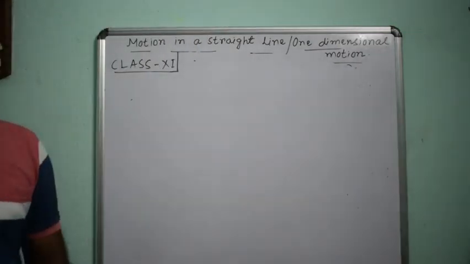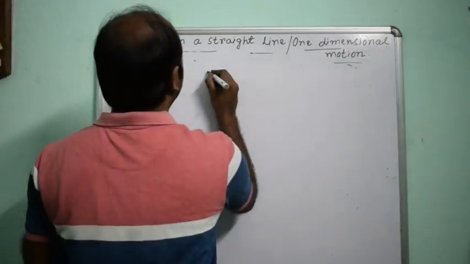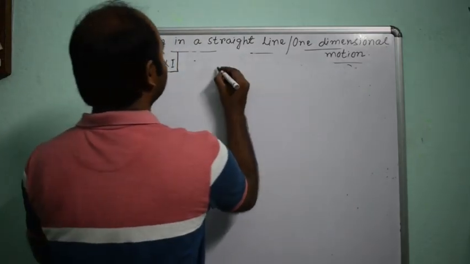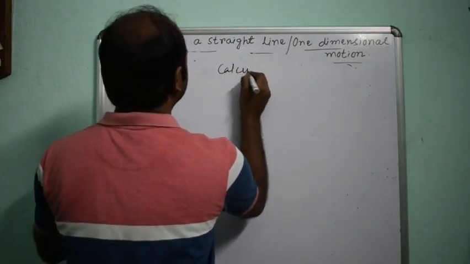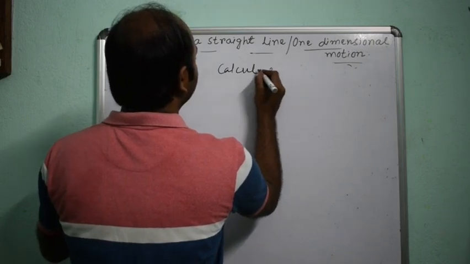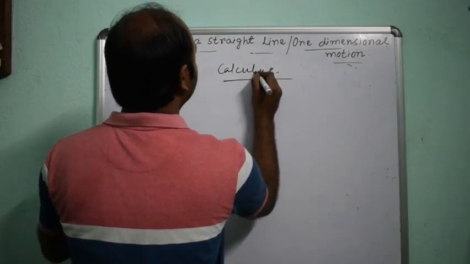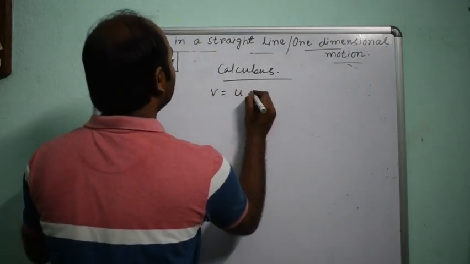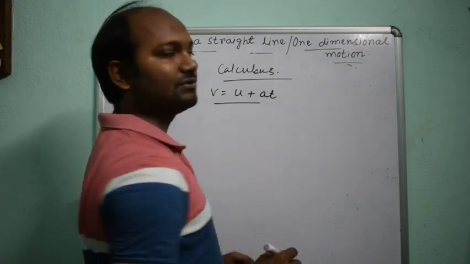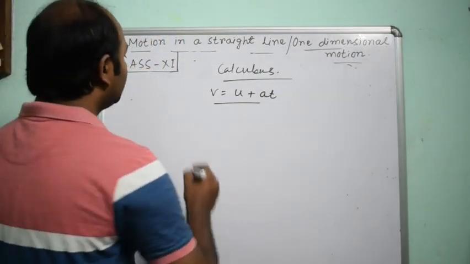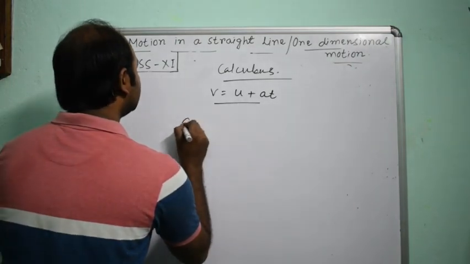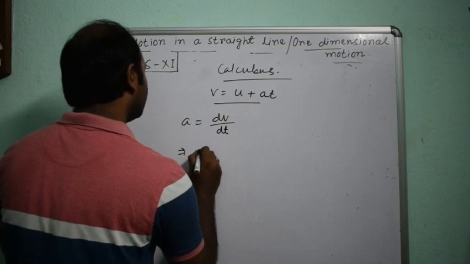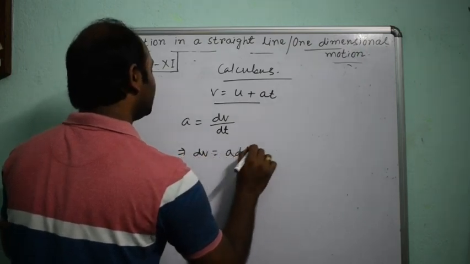So first equation is from calculus: v equals to u plus at, first equation of motion. You know, a equals to dv by dt. So dv equals to a dt.